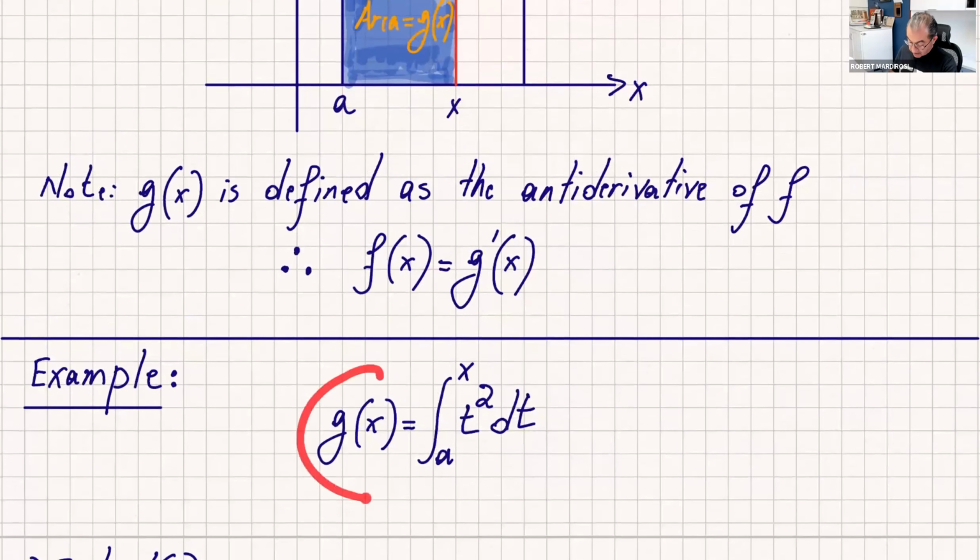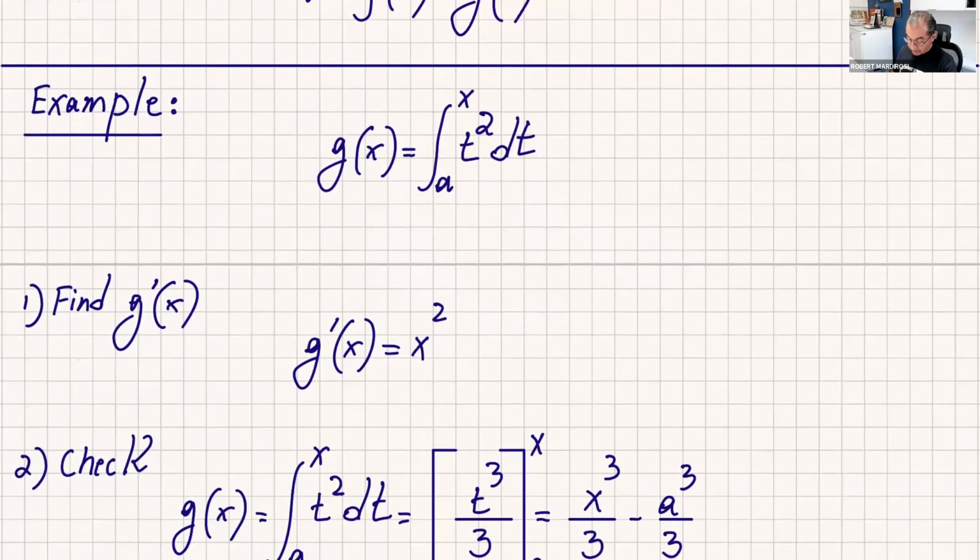If I write the same definition for this simple function, t squared, I can say g of x equals the integral, again, going from a to x of t squared dt. Now, usually we don't evaluate those, but we're going to go ahead and evaluate this and see what happens.